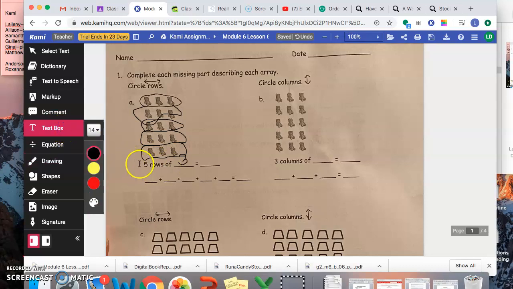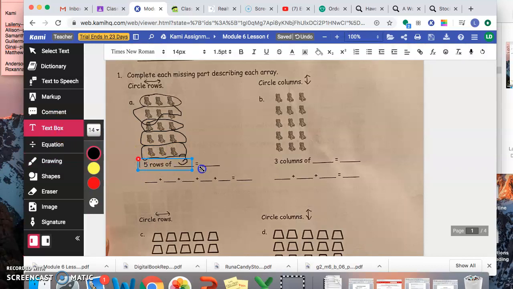So you have 5 rows of 3, okay? And what does that equal? So what would 5 rows of 3 equal? So then you count them. 1, 2, 3, 4, 5, 6, 7, 8, 9, 10, 11, 12, 13, 14, 15.